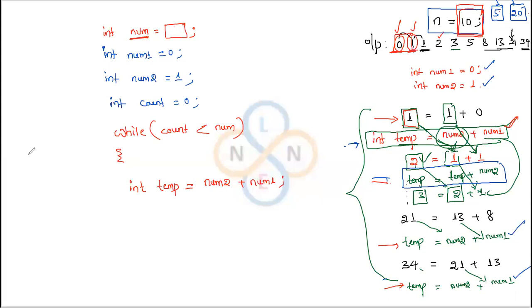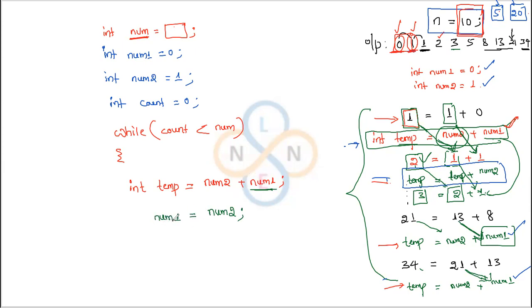Then here is one more important step. Which value do we have to assign back to num1? Swapping technique we are applying here. And this num1 value is nothing but num2's value has to be assigned to num1. Num2's value is to be assigned to num1. That's why num2 value we are assigning to num1.